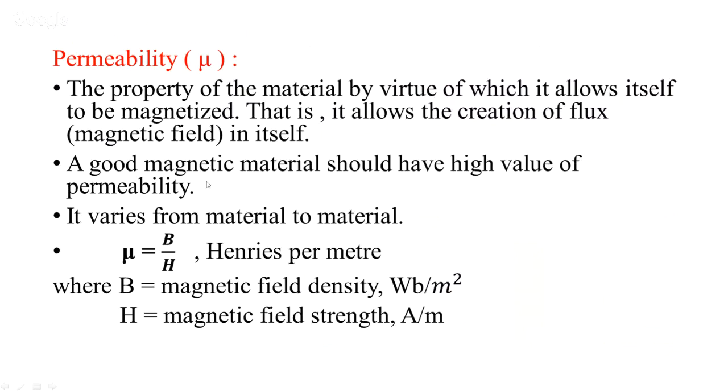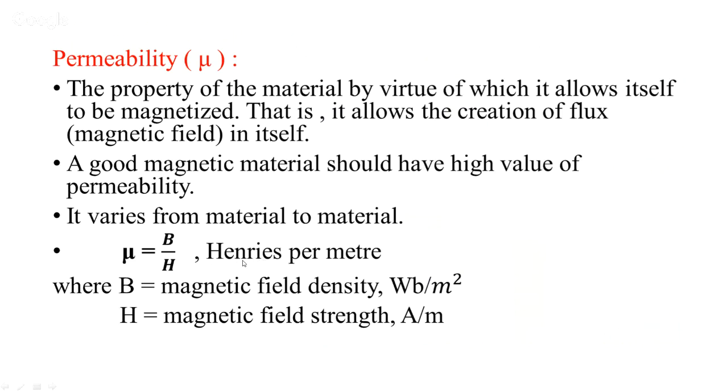A good magnetic material should have a high value of permeability, and it is represented as mu, and it varies from material to material. That means the permeability of iron is different from that of steel, and that is different from copper and aluminium.